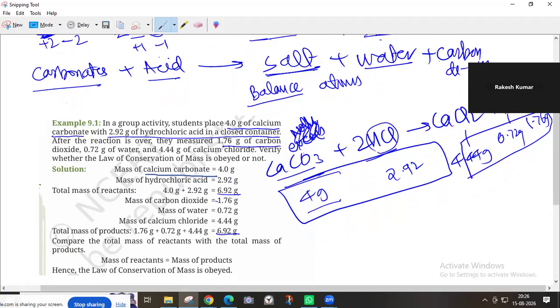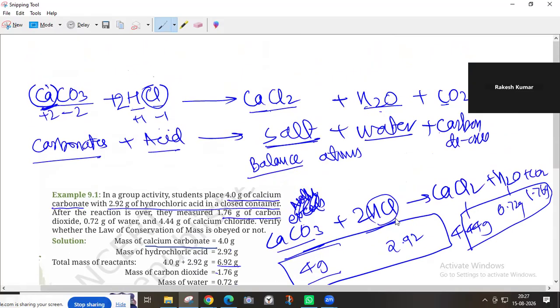So these are the reacting masses they are talking of. The 4 gram must have fully reacted with 2.92, and you have got 4.44, 0.72 and 1.76. Nothing is left out. So this was conservation of mass.